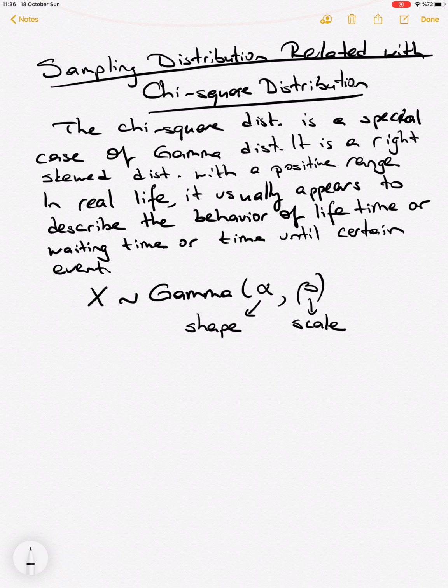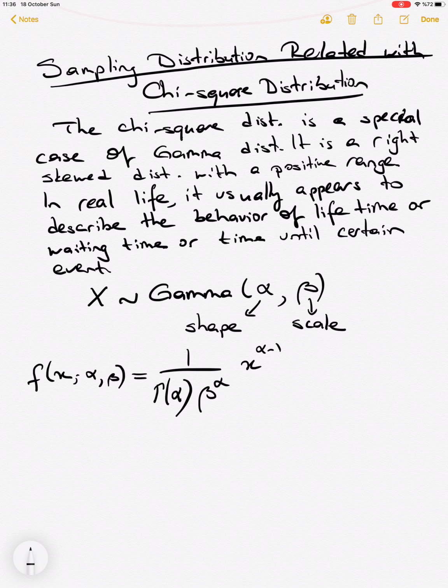When we look at the PDF form of gamma distribution with unknown parameters alpha and beta, we have gamma function of alpha, beta to the alpha, I will use this notation, and e to the minus x over beta. X is positive and all parameters are positive.